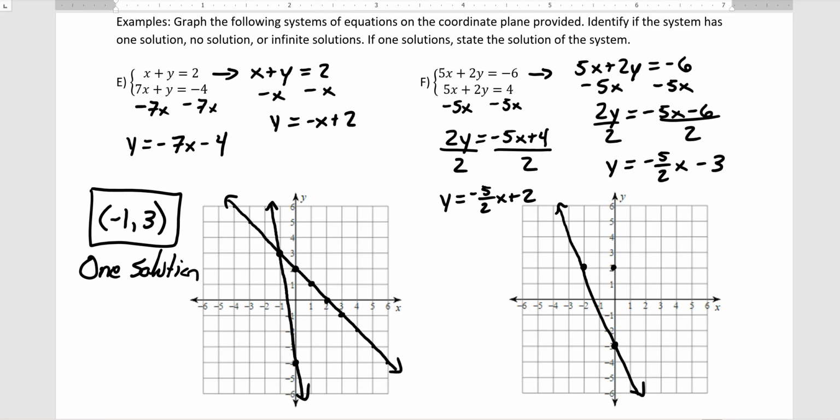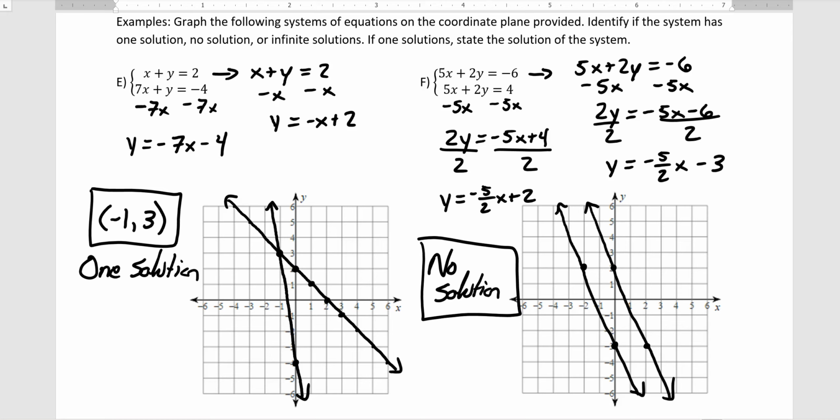So 2 here, and then I'd go down 5, right 2. That'll give me something that looks like this. Interesting. So, parallel lines never going to cross, just like we guessed at the beginning. This is indeed no solution. These lines will never intersect.